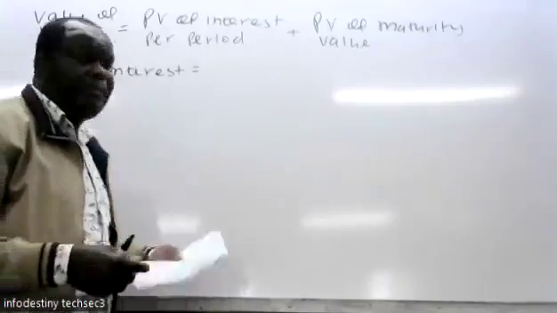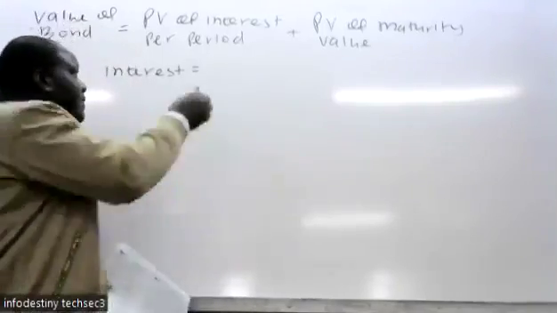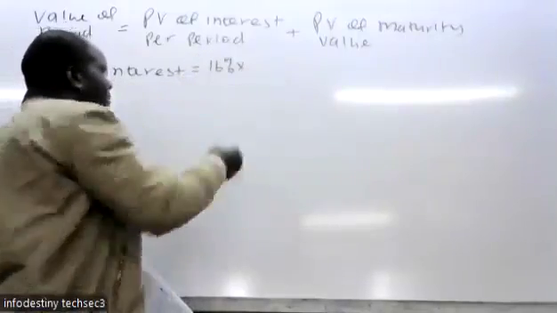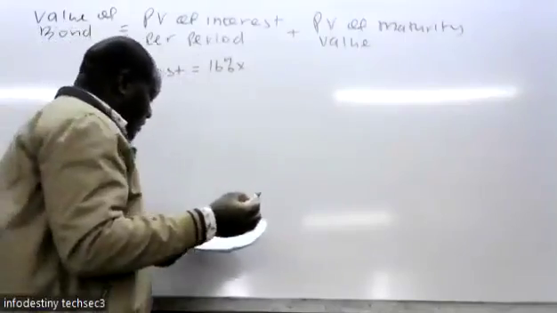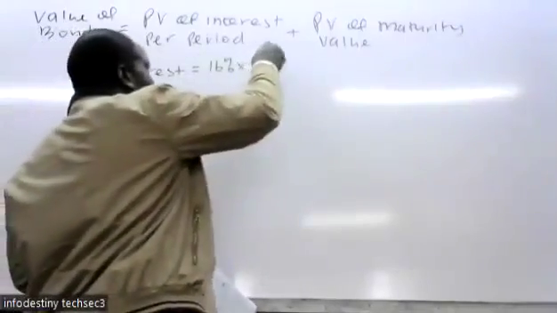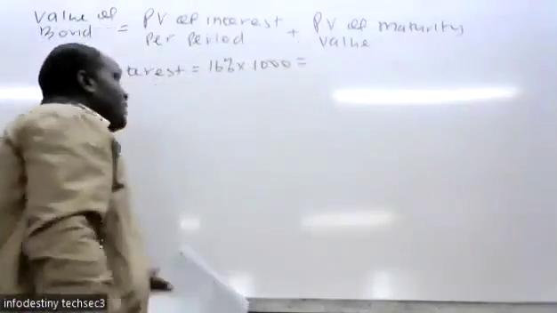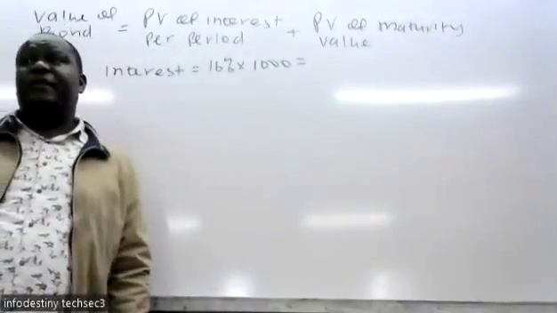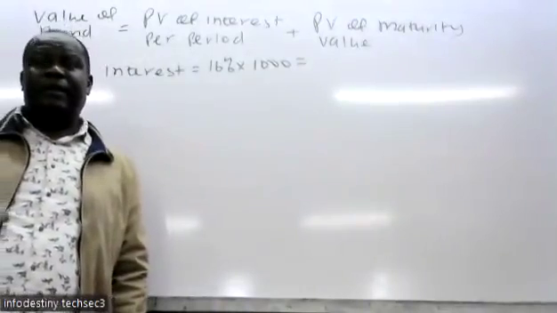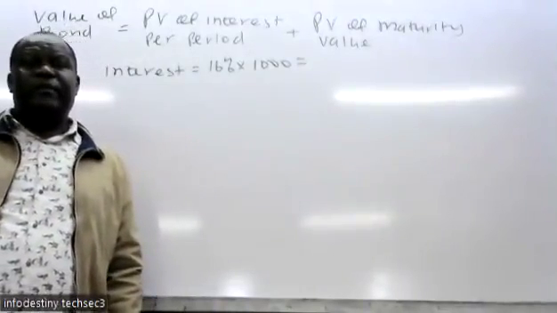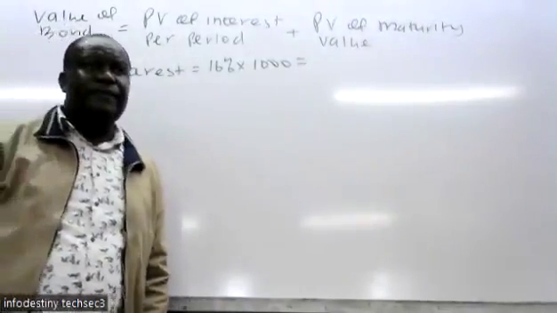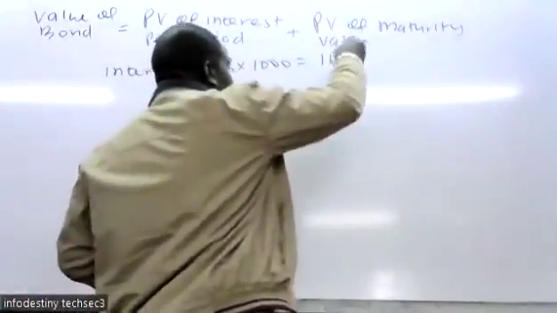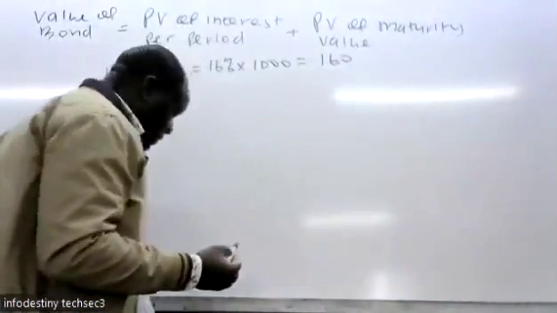So we get 16% of the par value, and the par value was given as 1,000. So 16% of 1,000 gives us 160.